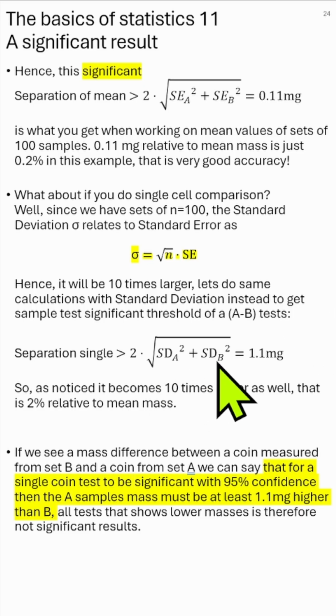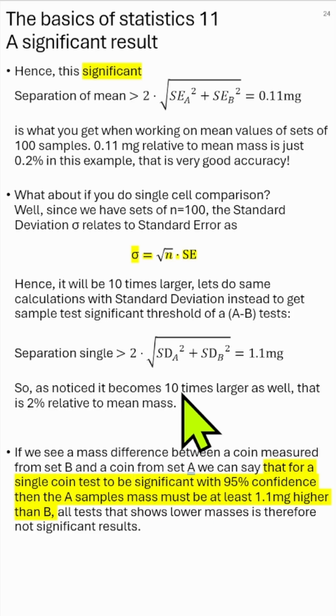If we multiply by 2 for 95% confidence interval, and then take the Pythagoras sum of those individual standard deviations, the result becomes 10 times larger than before, 1.1 milligram instead of 0.110. That is 2% relative to the mean mass instead of 0.2%.